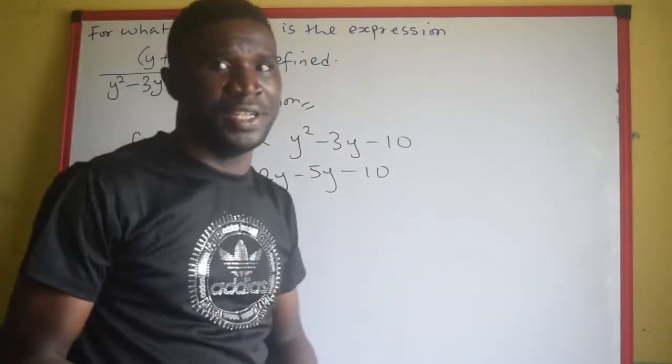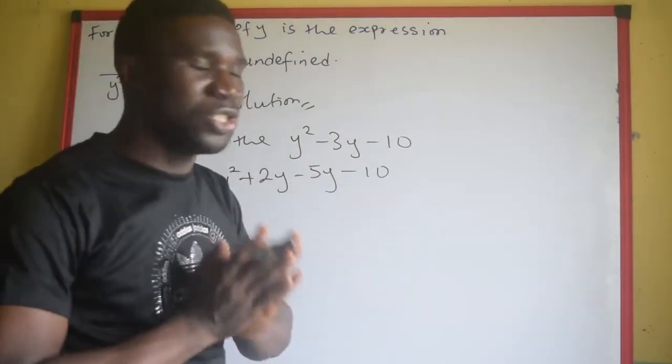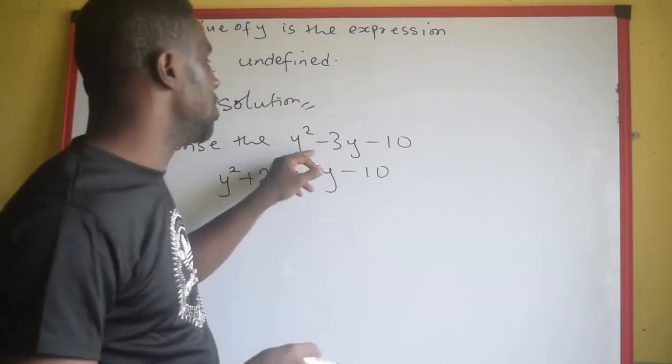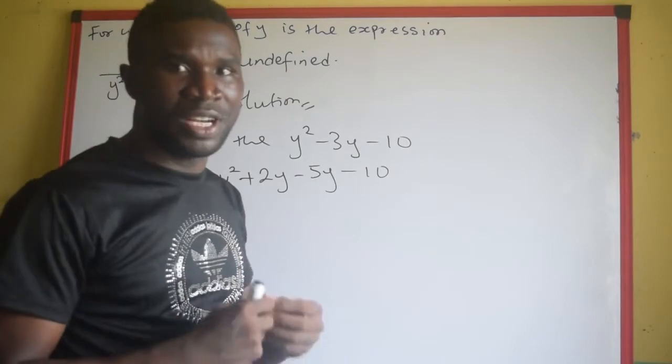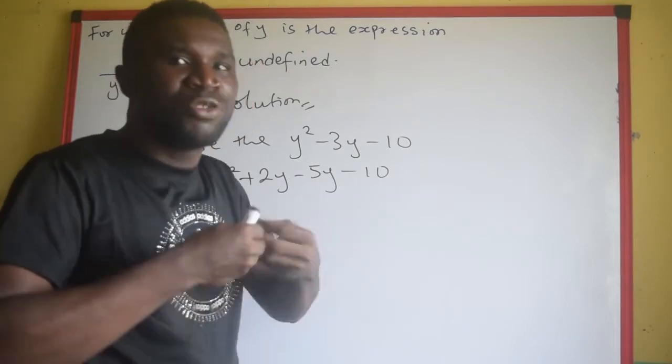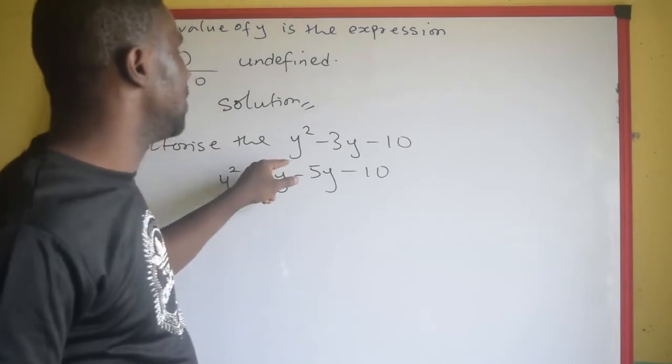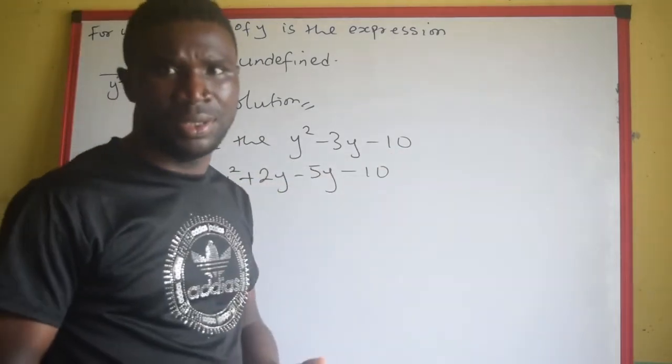Because when you are factorizing, your interest is to get rid of the second term. And here the second term is minus 3y. And the only way we can get rid of it means that we have to bring in another term that will make it 4 terms. We have just 3 terms, first term, second term, and third term here.